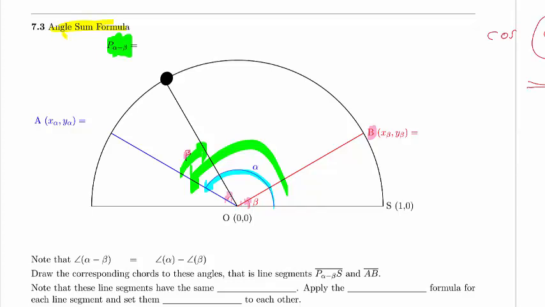So to get to P alpha minus beta, we rotated counterclockwise alpha, and then we rotated beta back. That's how we get that point right there, and this angle can be represented like so. There it is, that is angle alpha minus beta.